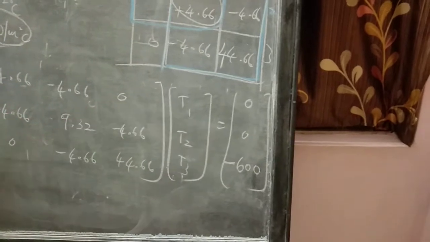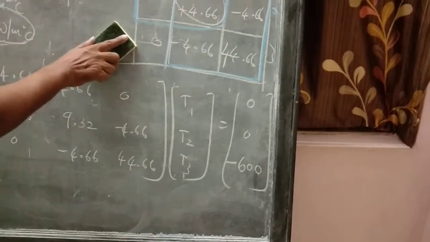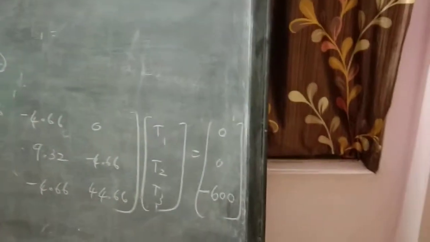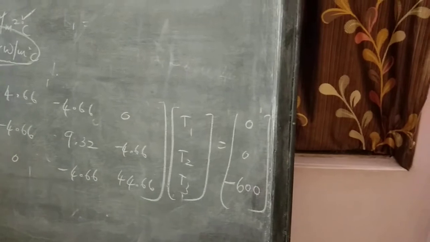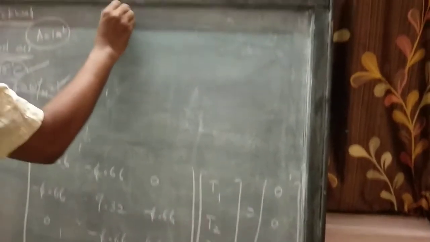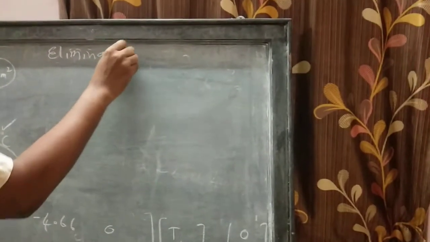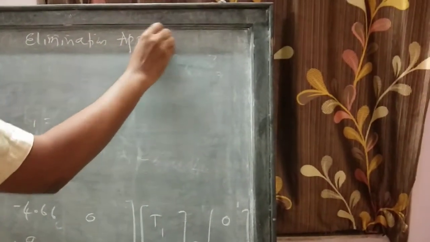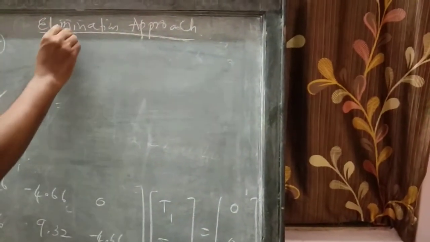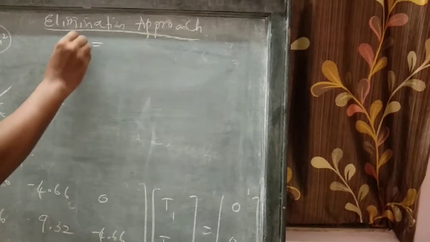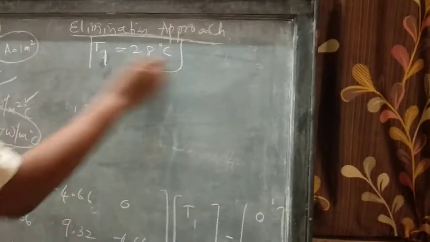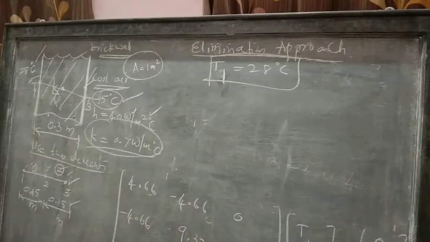Now apply the elimination or penalty approach. I will first apply the elimination approach. The boundary condition given is T1 equal to 28 degrees Celsius, the inside brick wall temperature.